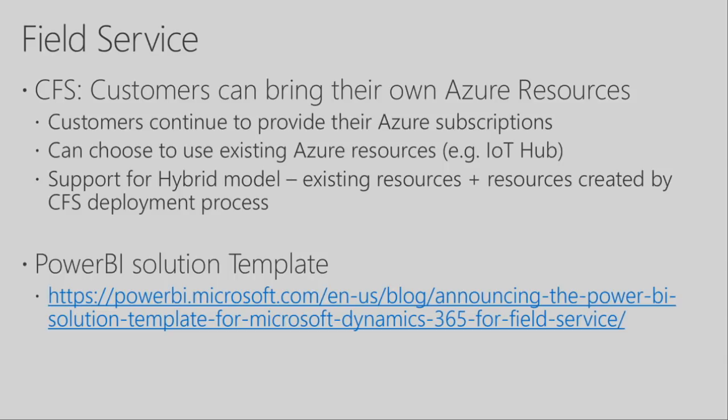But let's say that you already have an IoT hub, and you may want to use an existing IoT hub, so you basically say, fine, use the existing IoT hub, but maybe have it set up the logic app and the stream analytics job so that you've got what you need to talk back and forth to Dynamics. And so now you have flexibility around that, so you can pick and choose existing resources versus resources that the deployment experience will create.